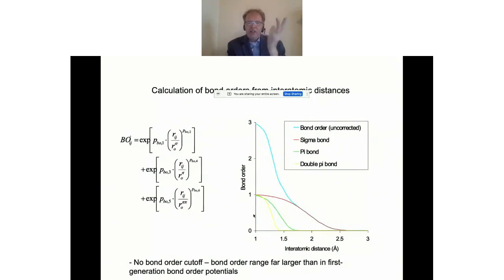And that gives ReaxFF a chance to get transition states right, because most of the important transition states for hydrocarbon chemistry happen at a carbon-carbon distance of roughly 2 angstrom. If you completely get to your bond order of 0 by 2 angstrom, which is what the first generation bond order potentials typically did, then all you can do is just completely break a bond and make a new bond.